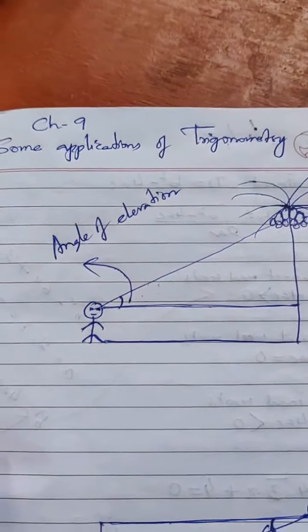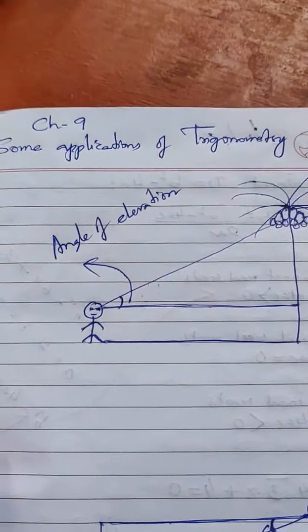Then look, we all know this betel nut tree or coconut tree are very tall, taller than us. So if we want to look at the coconut or betel nut in that tree, do we have to look down or up? Definitely we have to look upwards.